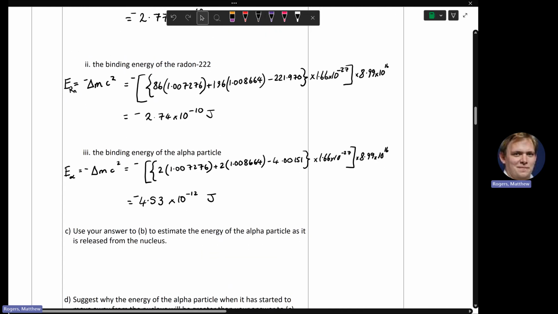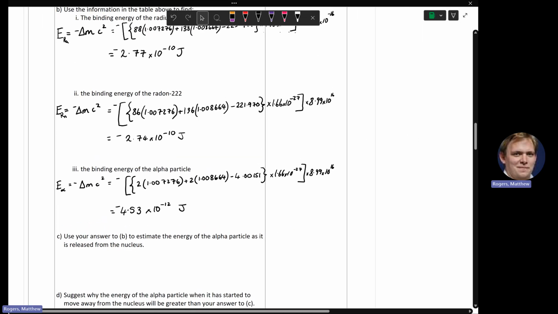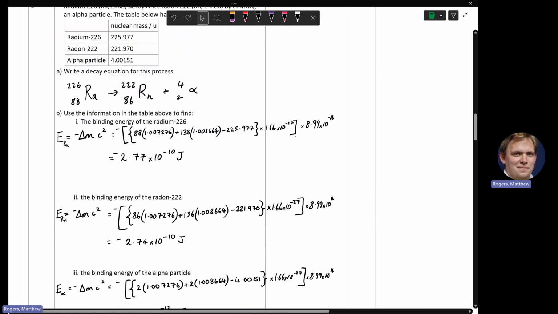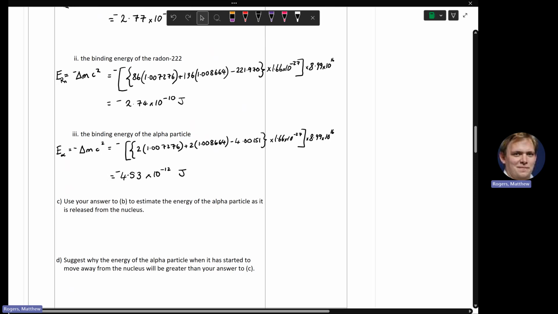Use your answer to B to estimate the energy of the alpha particle as it is released from the nucleus. So we're looking for the differences in binding energy in this part. It's helpful to notice that we go from radium-226 to radon and the alpha particle. So what we want is the energy of the radium, and then we want to see the difference between that and the energy of the two things that are produced. So that's the energy of the radon plus the energy of the alpha particle.